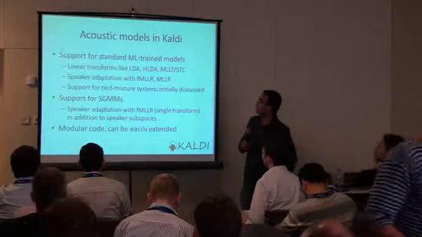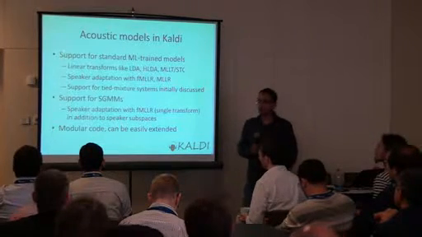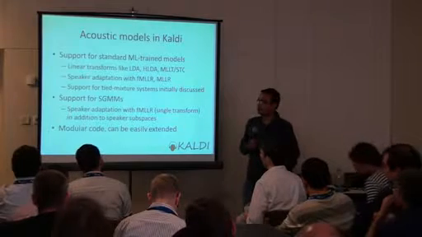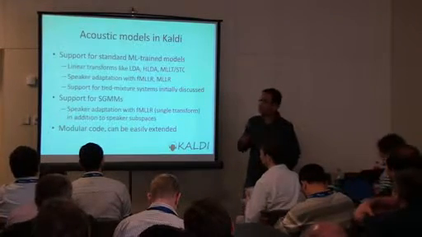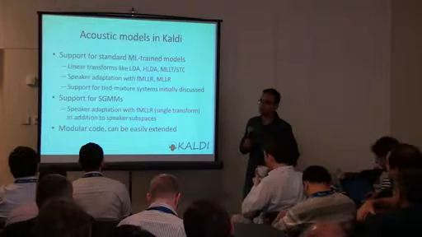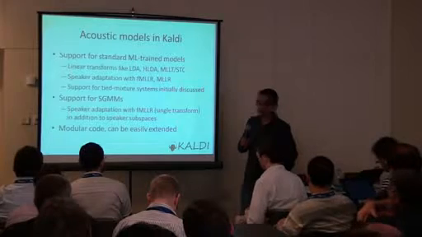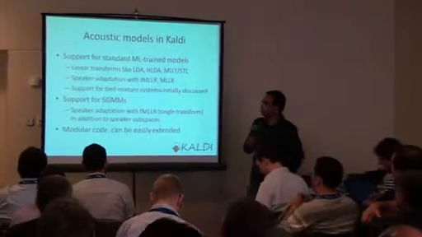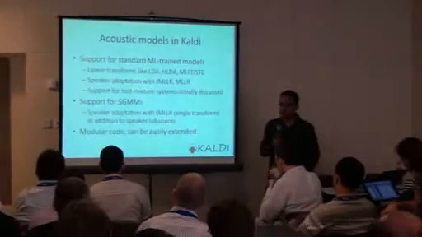the things that we support currently are mainly the standard maximum likelihood training of acoustic models together with SGMMs. In the standard maximum likelihood framework, we have the usual linear transforms like LDA, HLDA, MLLT, STC. We also support speaker adaptation. Currently, FMLLR we have tested in the recipes.